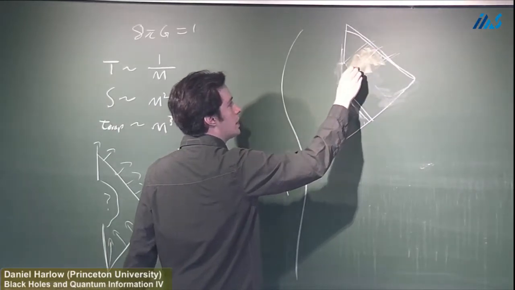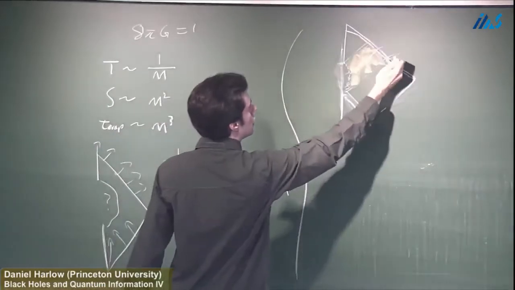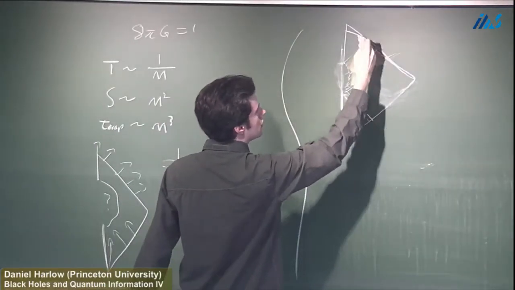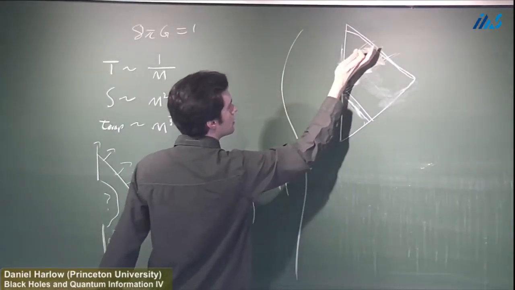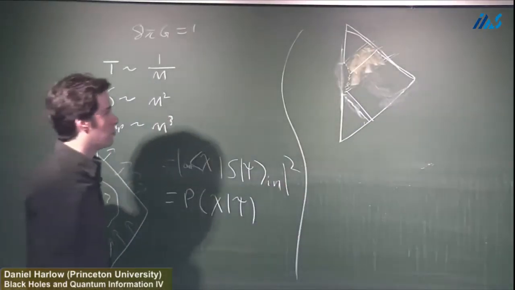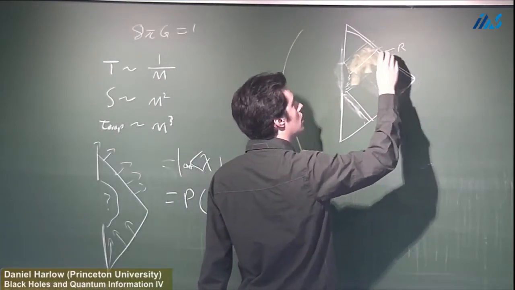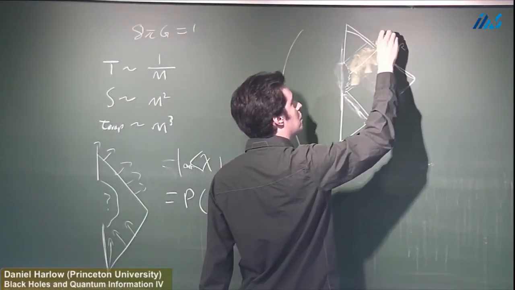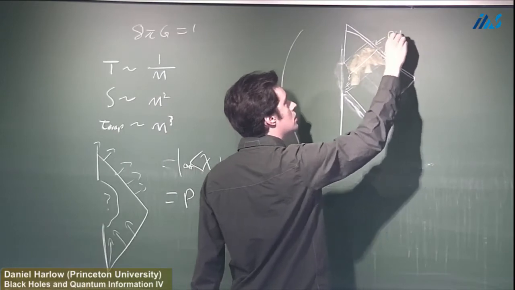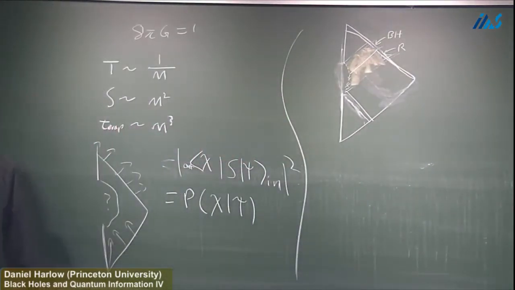So just pick some time, it's sort of a retarded time because it's a time at null infinity, but pick this time and then just split up the Hawking radiation into an early part and a late part. And I'll call the early part R, and I'll call the late part BH. Okay? And as you can probably guess, R stands for radiation and BH stands for black hole.